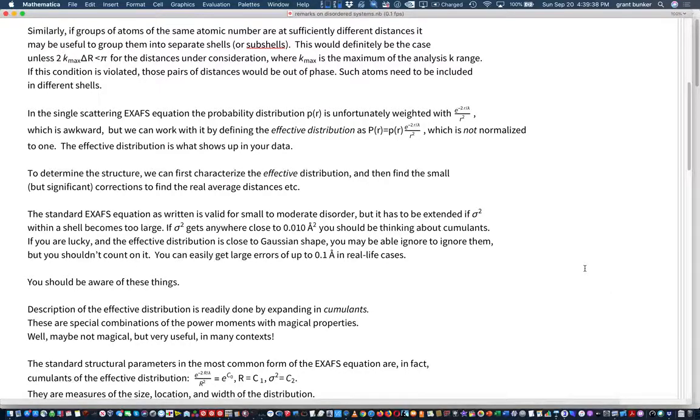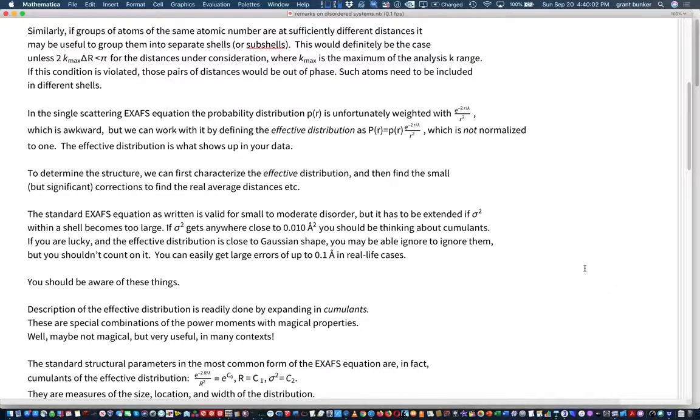The standard EXAFS equation is valid for small to moderate disorder, and I'll define what that means. But it has to be extended if the sigma squared, the disorder in a shell, becomes too large. So, for example, if sigma squared gets anywhere close to 0.01 angstrom squared, you should be thinking about cumulants.